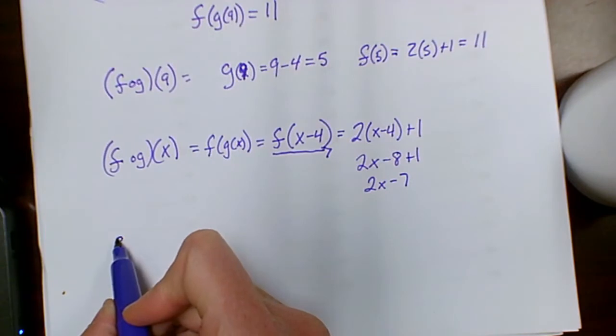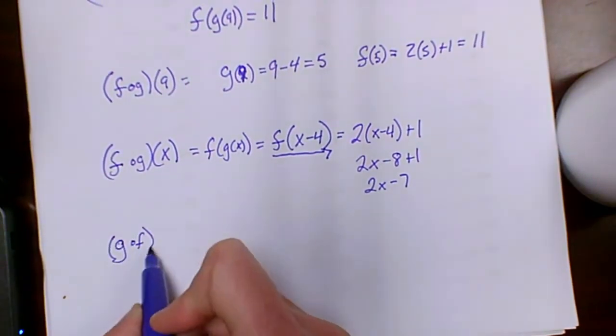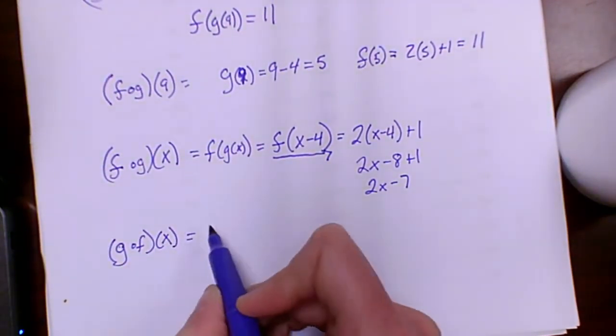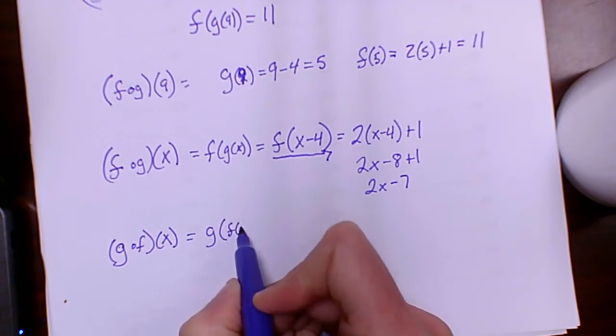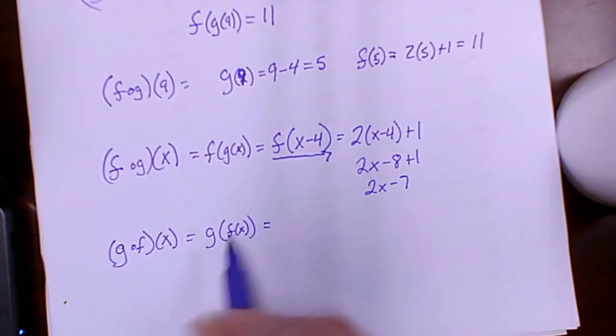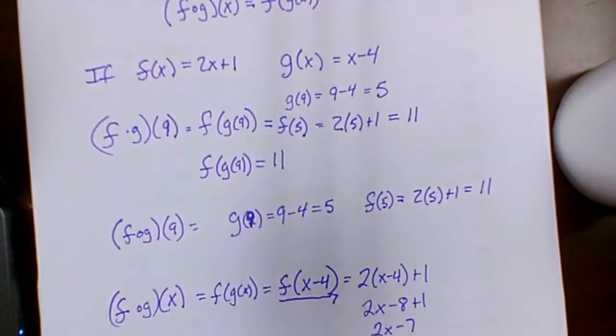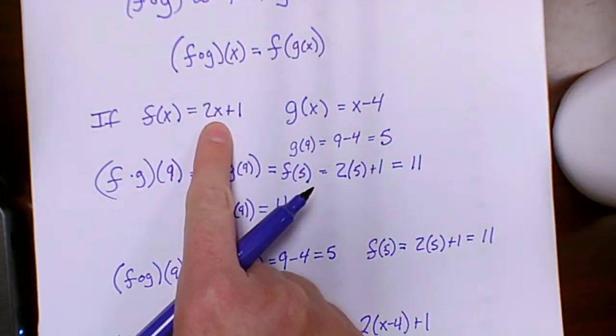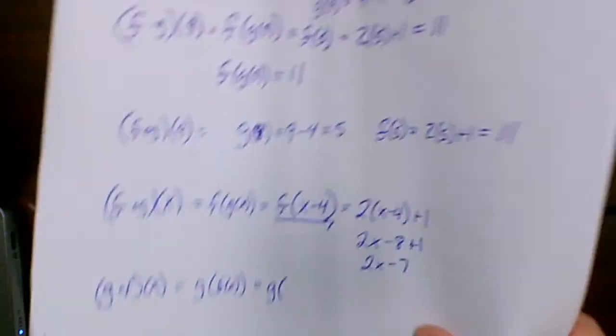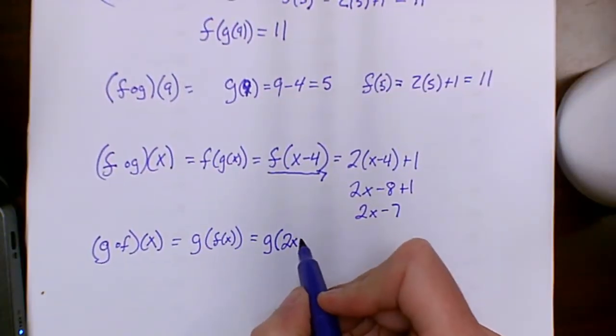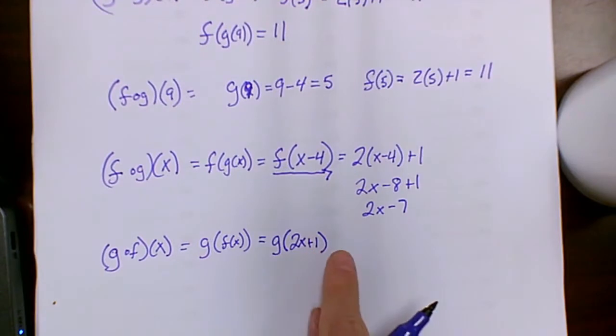So let's look at g of f of x. Rewrite this, except instead of f of x, we are going to write in the value or that function. So that's 2x plus 1. Okay, g of 2x plus 1.